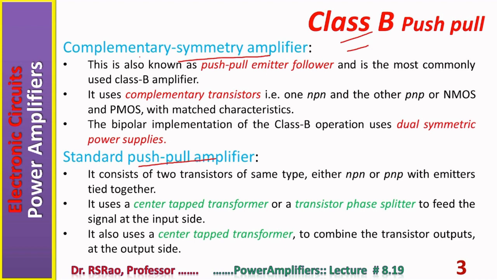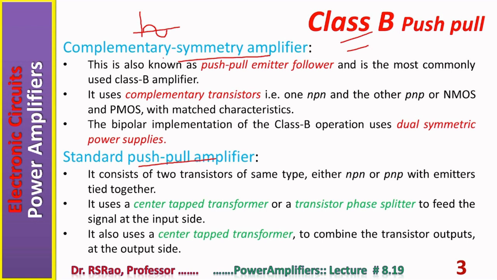In class A, you can find only one transistor. In class B, you find two. One transistor conducts one half cycle, another transistor conducts other half cycle. At the end, we get complete cycle. The outputs of two transistors are combined, resulting in amplified version of the input completely.